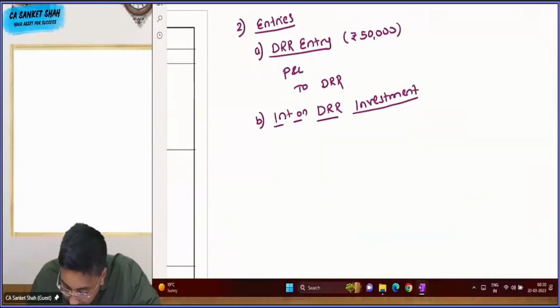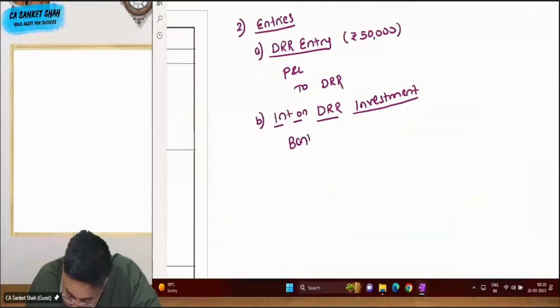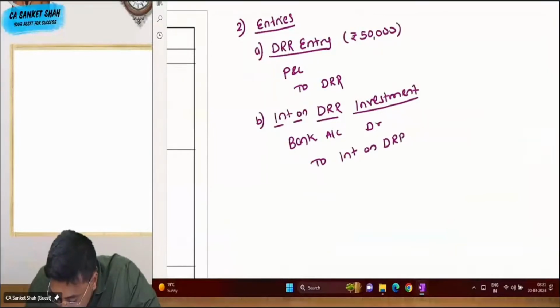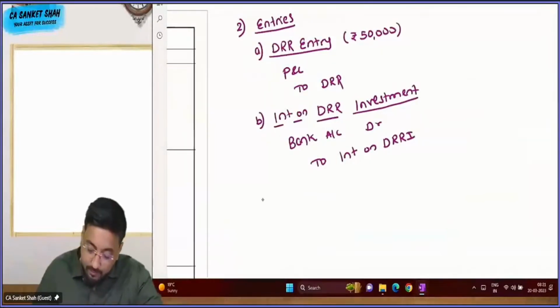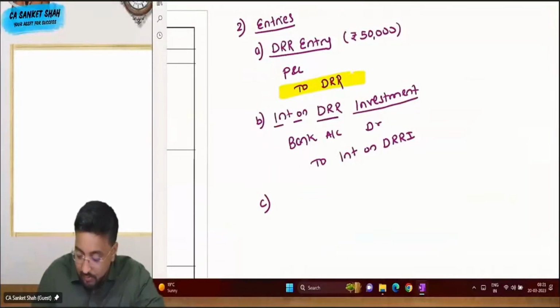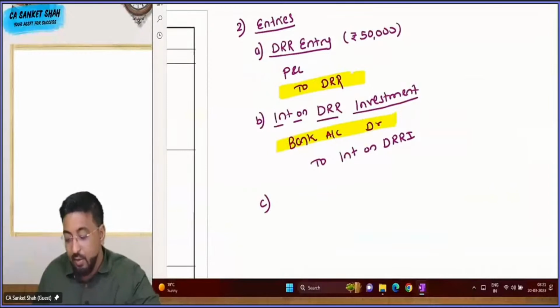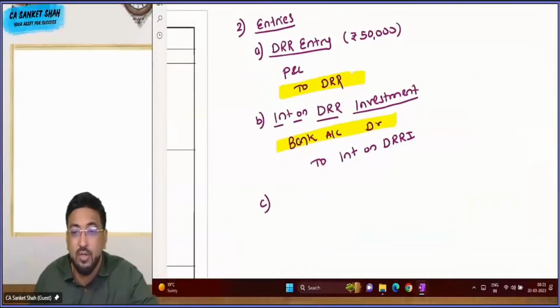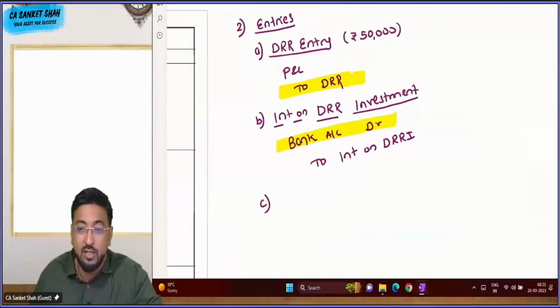What is the entry? Bank account debit to interest on DRR investment. So we gave its effect, debited the bank, because we have not opened these two accounts, P&L and interest on DRR investment. So that's why beta, I colored it.